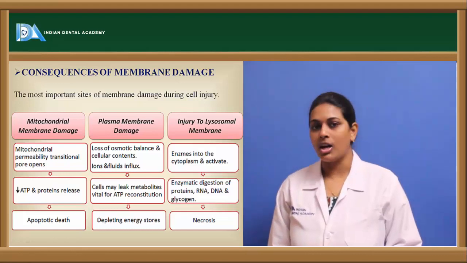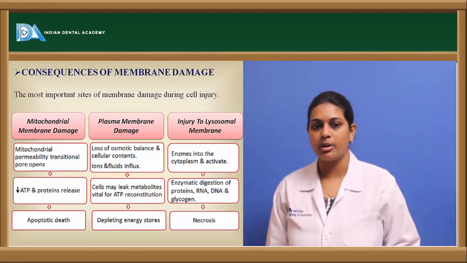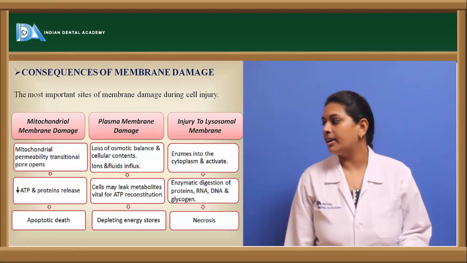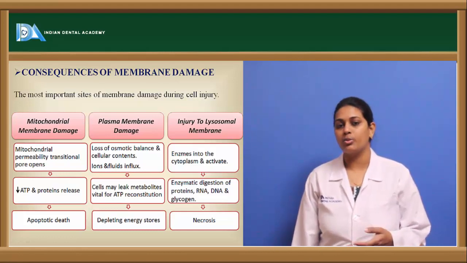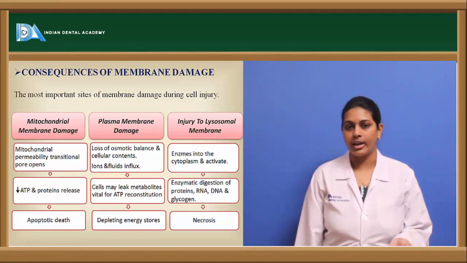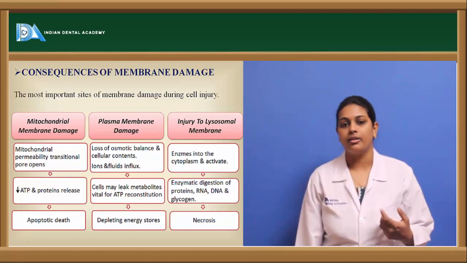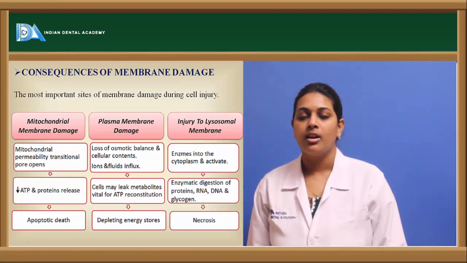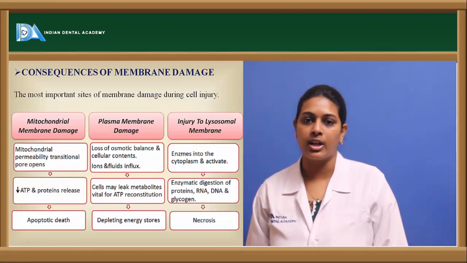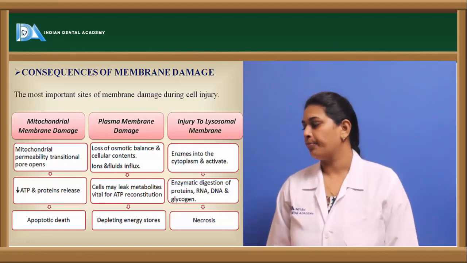This function will be lost, so there will be no balance maintained between the two solutes. Thereby the cells may leak metabolites which are important for the construction of ATP. This loss of ATP results in depleting energy stores, that is the energy level will be decreased in the human body.